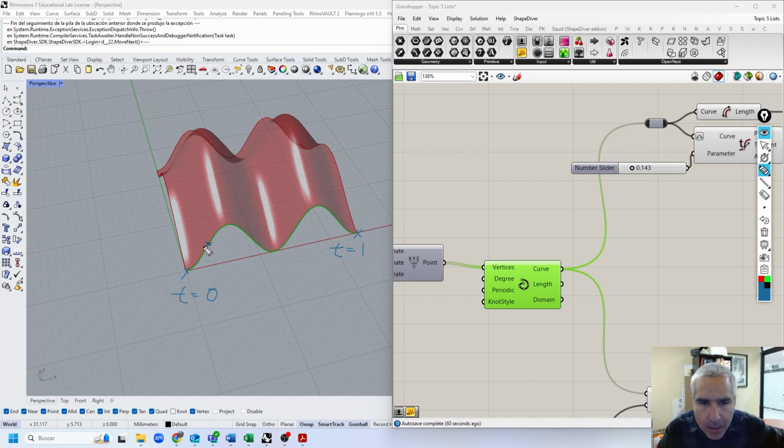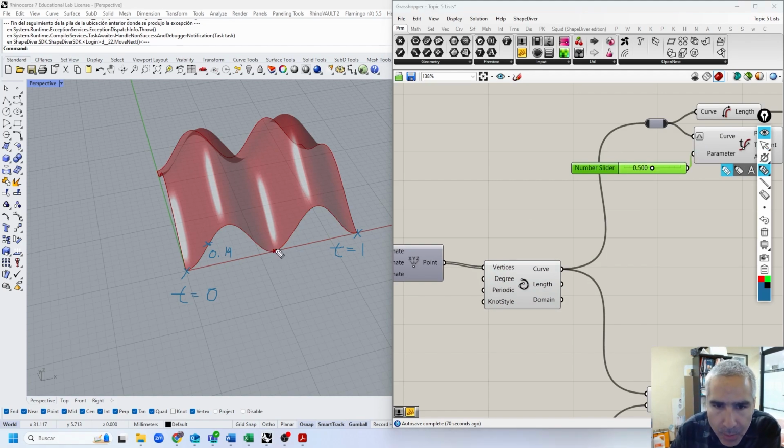In this case here, you will have 0.14. And then the midpoint will be, you guessed it, 0.5. And somewhere around there, that would be 0.75, for example, which is roughly 3/4 of the curve.